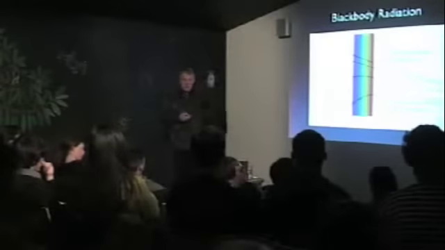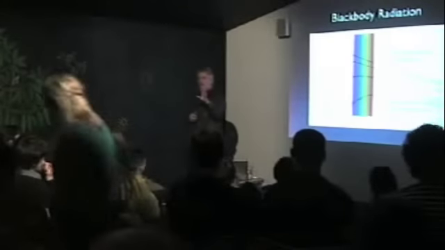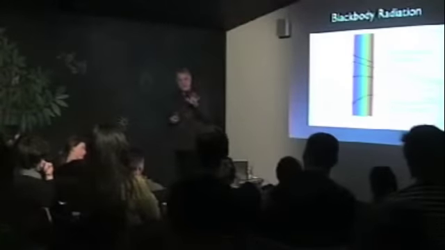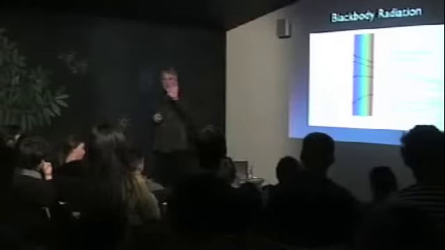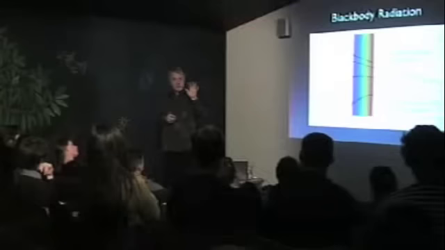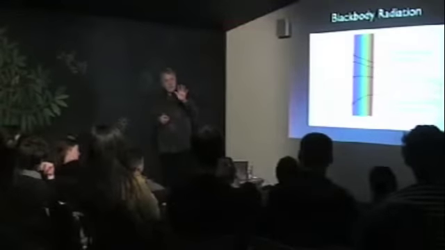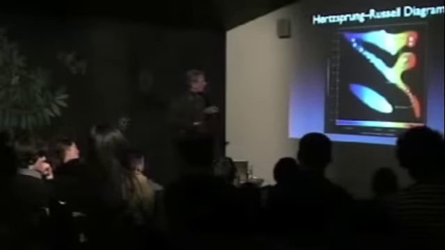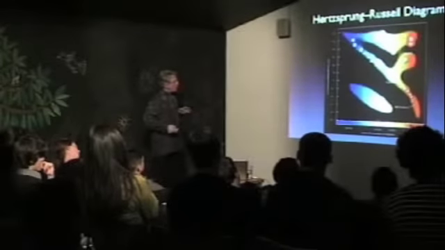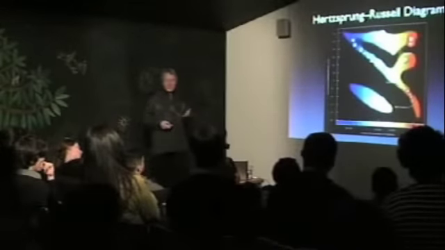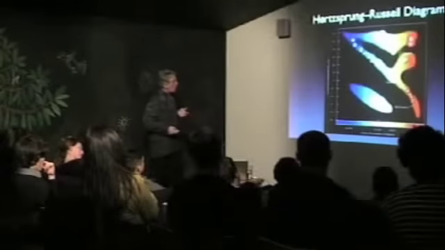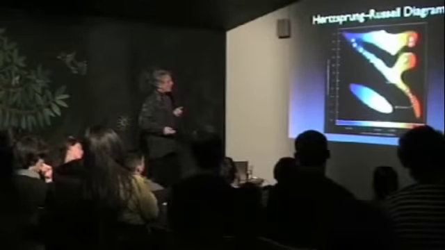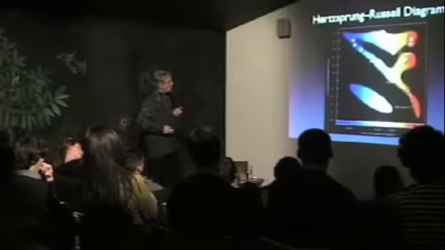So what that tells us is that the colour of a star tells us the temperature of its surface, because that's what we're seeing. We're seeing the emission from the star's surface or atmosphere. And you can plot this on this diagram. So you can plot colour, which is another way of saying temperature. So the cooler the star is, it's red. If it's hot, it's blue.